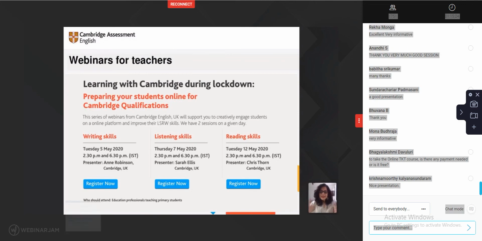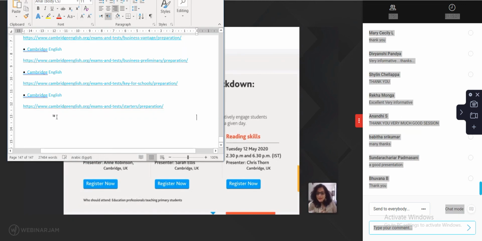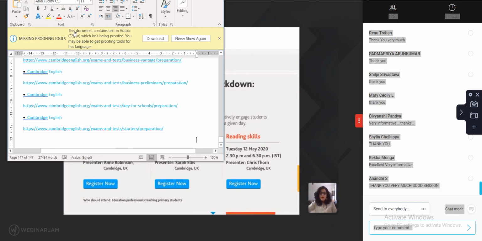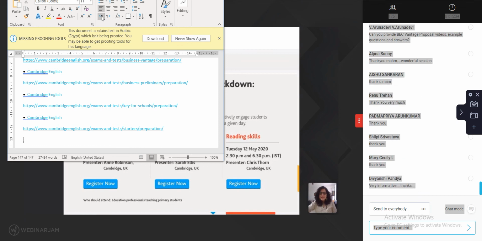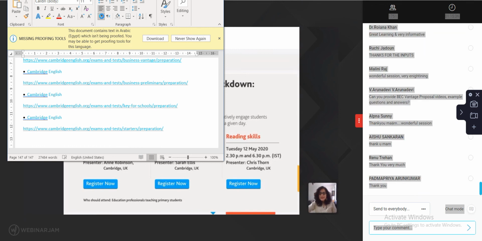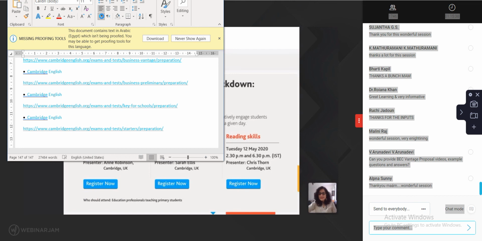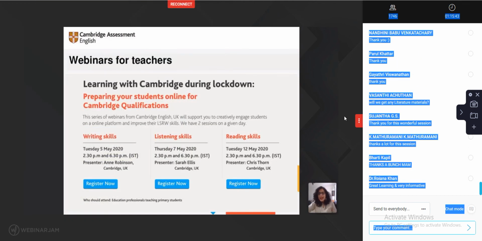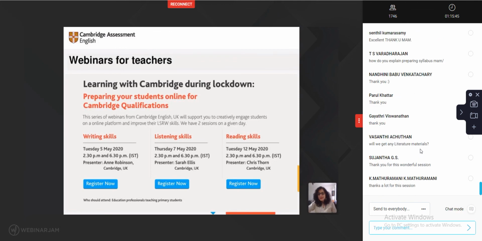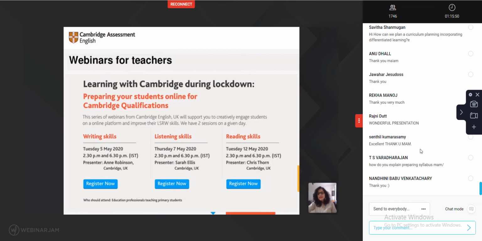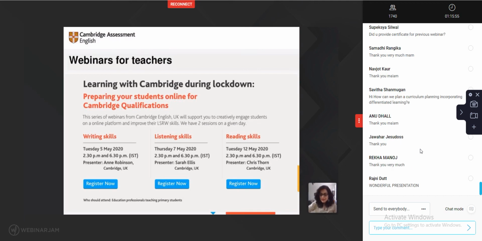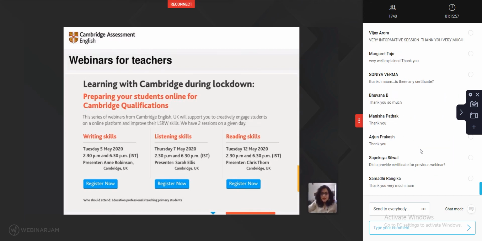And these are more webinars that you can register for, and they are on writing skills, listening skills, reading skills. You can see that the Indian Standard Time, IST, has been mentioned under the webinars. These are the dates and these are the presenters. You have the presenters from Cambridge, UK, who are presenting these webinars, and you can attend these webinars in the days to come.